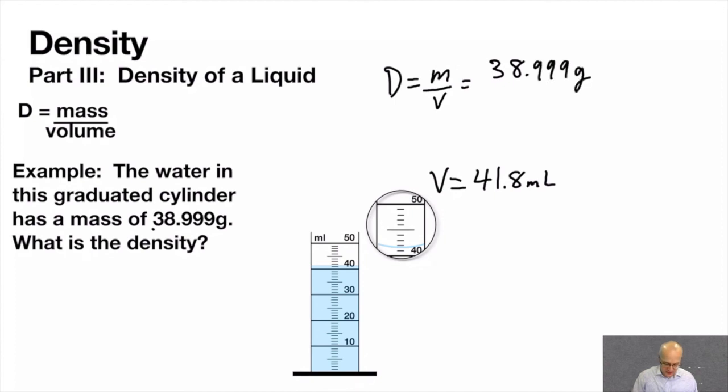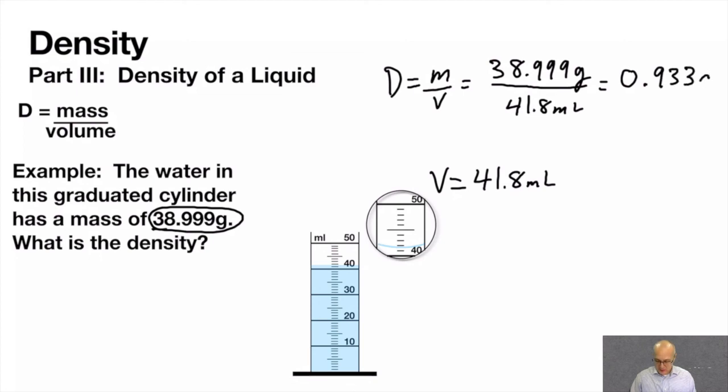That came from the question, divided by 41.8 milliliters. Bust out your handy dandy calculator. And you get 0.933 grams per milliliter. Okay.